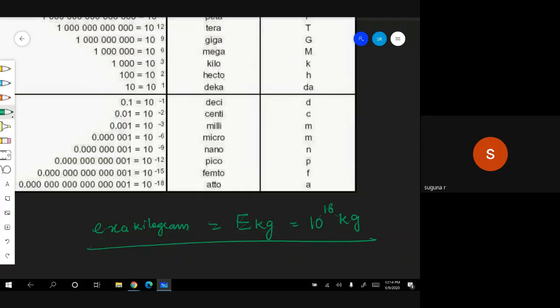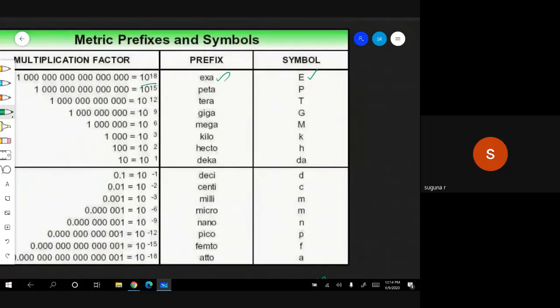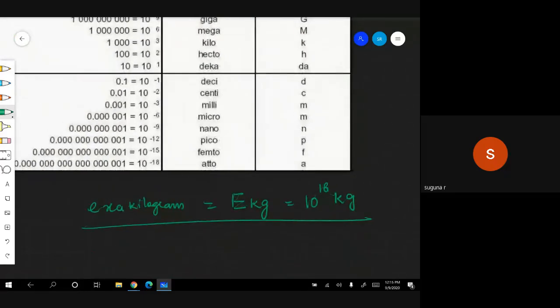Is it hexa kilogram or hexagram? I have given hexa kilogram. A student says kilo itself is a prefix. Of course, what you are saying is correct.